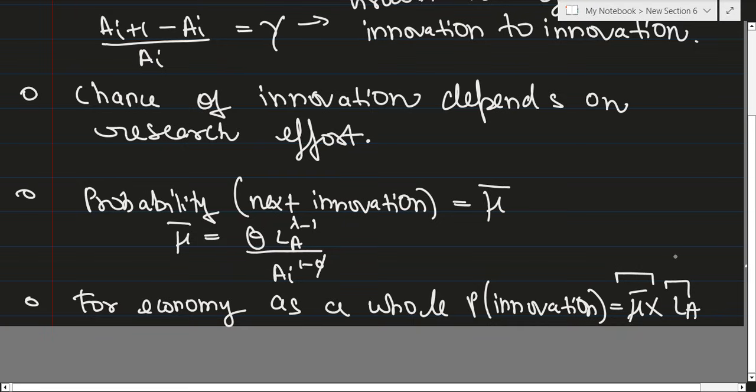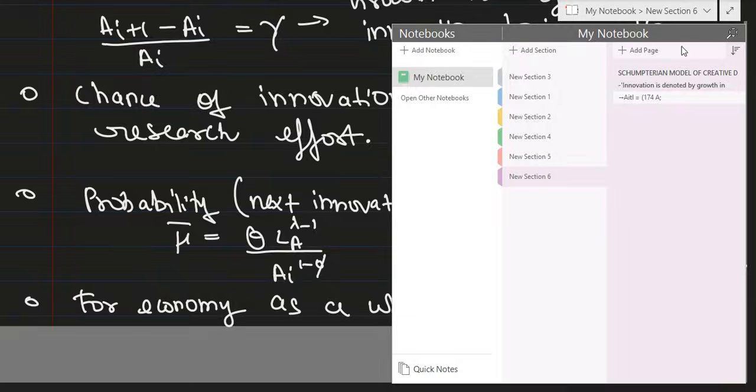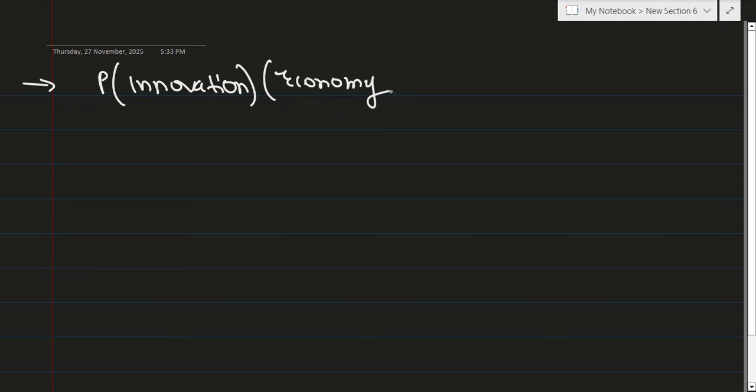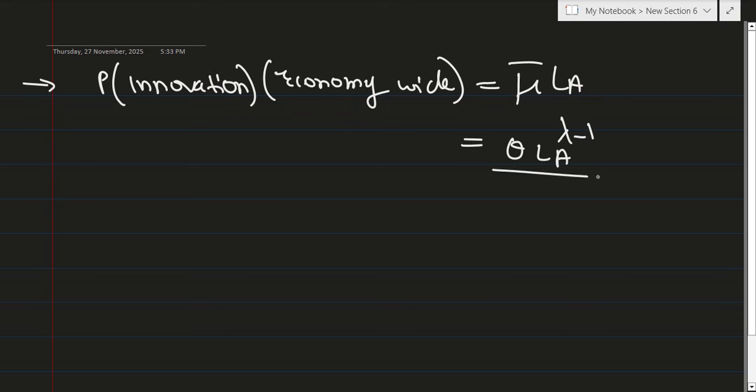So now we multiply, and we get the aggregate probability of innovation economy wide, nu bar into L_A, which comes out to be theta L_A to the power lambda minus 1 on A_i to the power 1 minus phi, into L_A. Simplifying, we get theta.